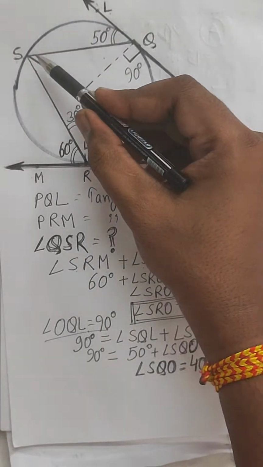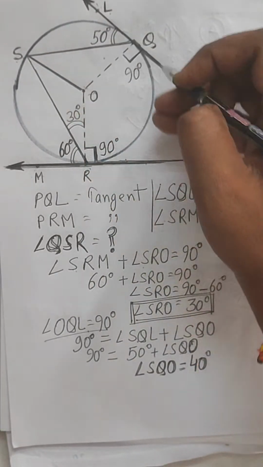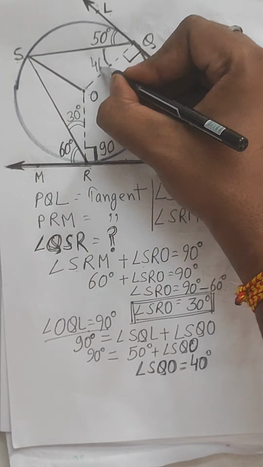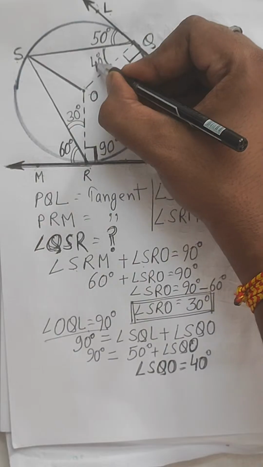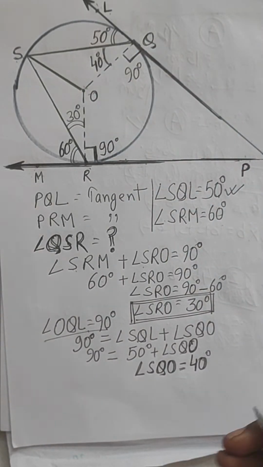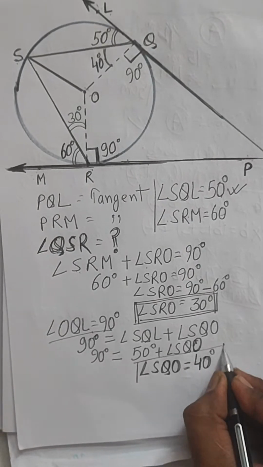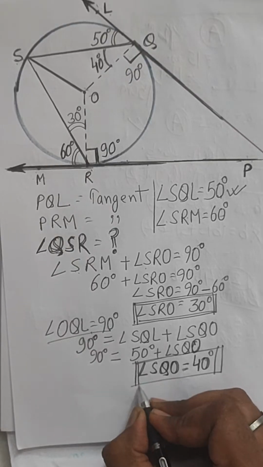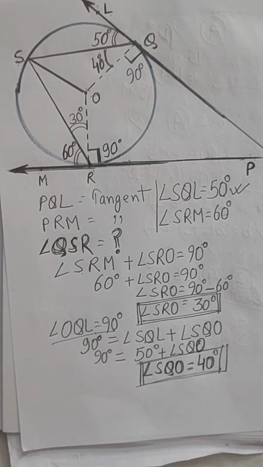What is SQO? This is S, this is Q, this is O. So this angle is calculated as 40 degrees, right? In this way we have calculated SQO. I think this is visible.